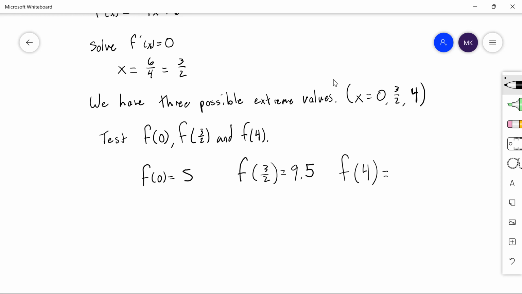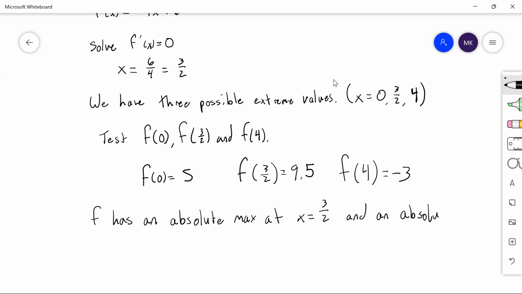And f of 4 is negative 3. So f has an absolute max at x equals 3/2 and an absolute min at x equals 4 on the interval 0 to 4.